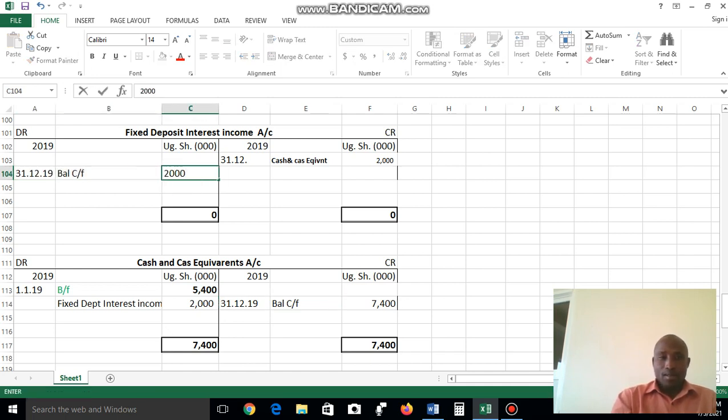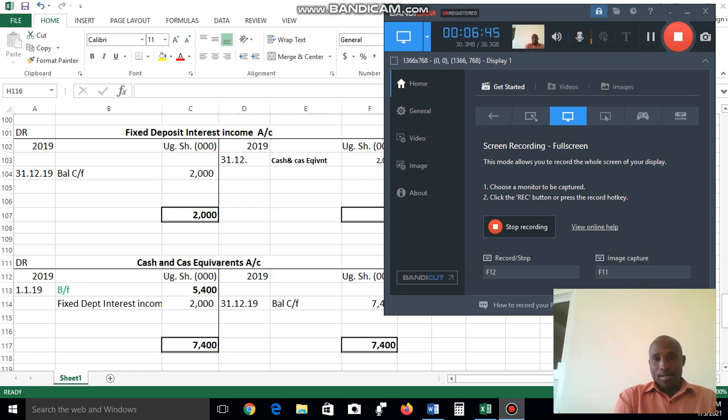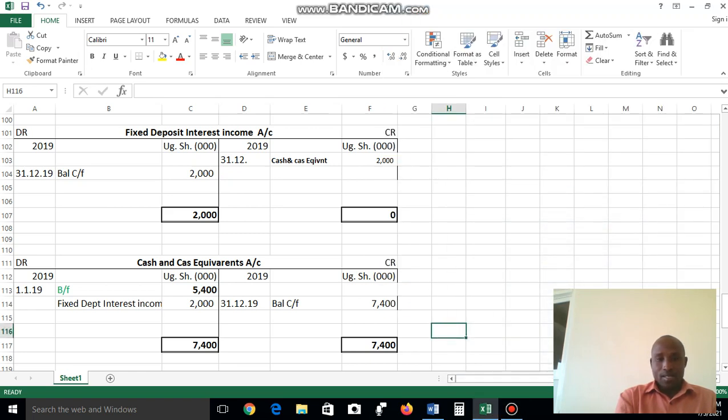The account is closed here. The balance brought down will appear here. So this is how you deal with cash and cash equivalents. That's how you have finished dealing with fixed deposit interest income and cash equivalents.